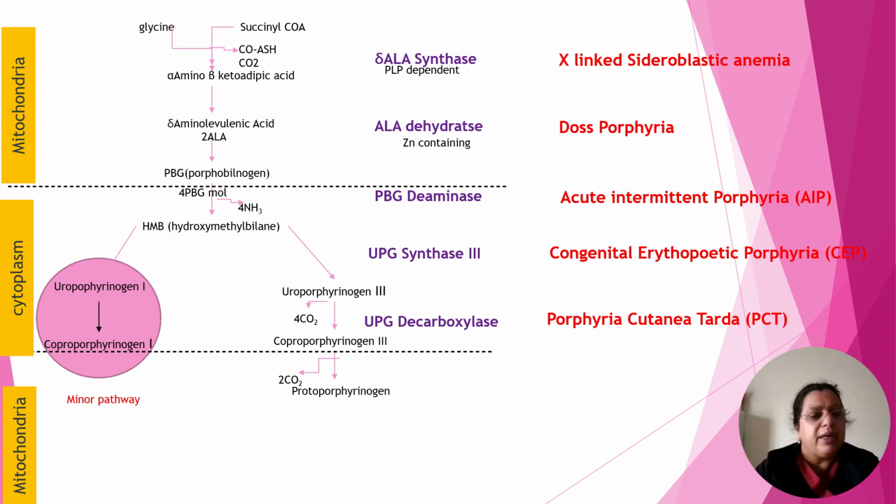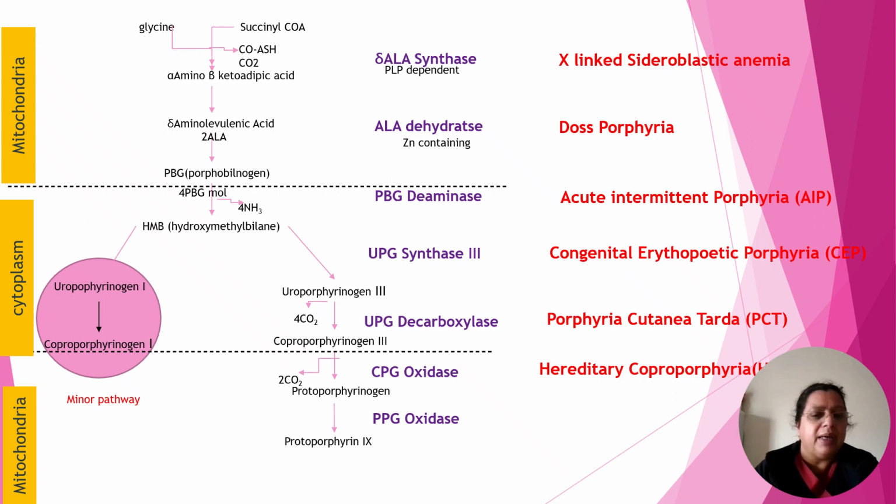This coproporphyrinogen loses 2 molecules of carbon dioxide to form protoporphyrinogen, and the enzyme for this reaction is coproporphyrinogen oxidase. Deficiency of this enzyme leads to hereditary coproporphyria. Further, this protoporphyrinogen is converted into protoporphyrin 9 with the help of enzyme protoporphyrinogen oxidase, and the deficiency of this enzyme leads to variegate porphyria.